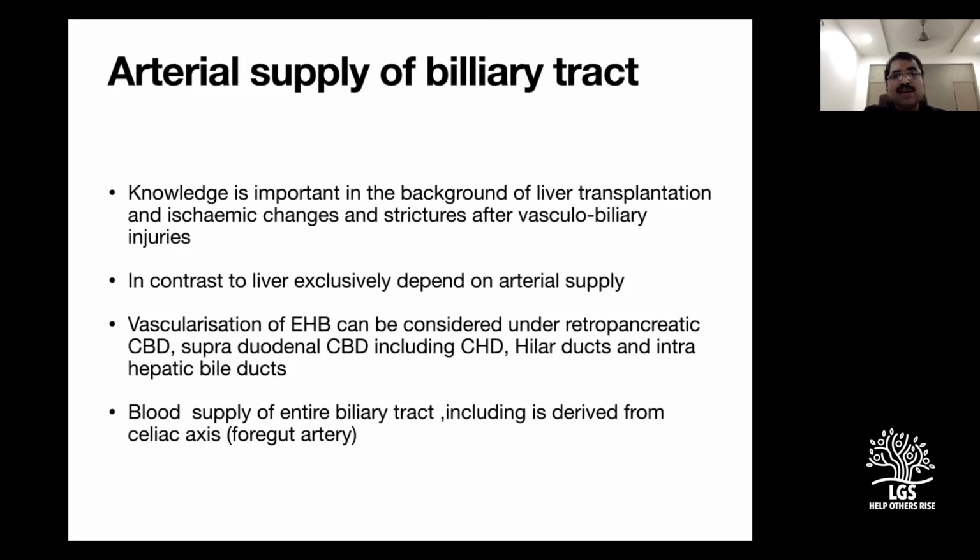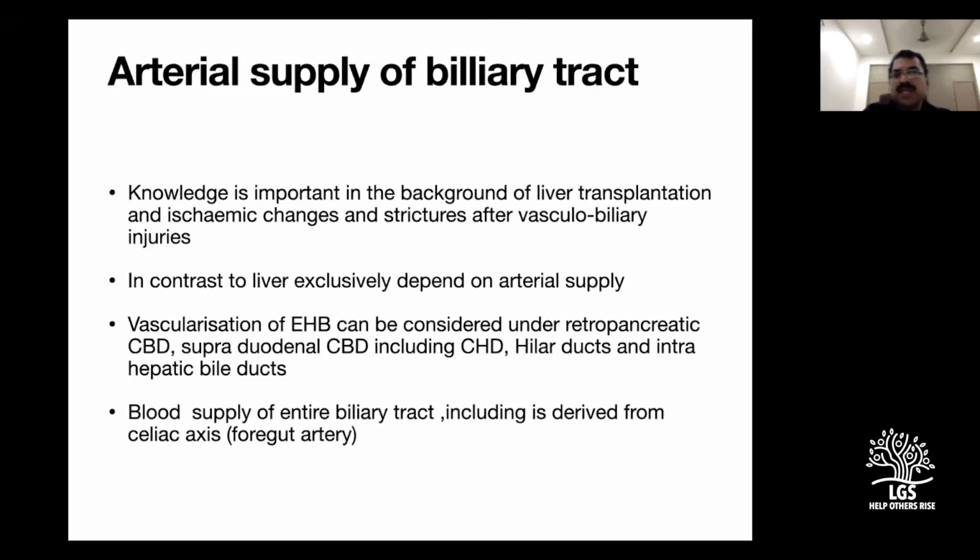So the vascularization of the extrahepatic biliary tract can be divided into retropancreatic CBD, supraduodenal CBD, which includes the common hepatic duct, then arterial supply of the hilar duct, and arterial supply of the intrahepatic bile duct.